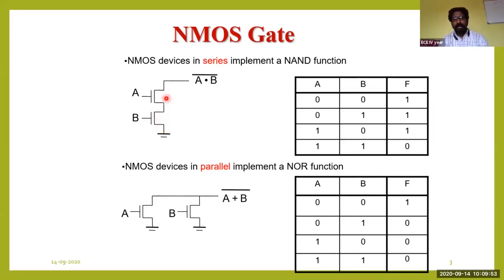So you'll have an output of 0 for A dot B, and since it's the negation, A dot B bar, you'll get an output of 1. Even though the second one is on, whatever the previous stage output is will be dragged to the ground. So ultimately there will be no output in this channel, only 0 voltage will prevail.